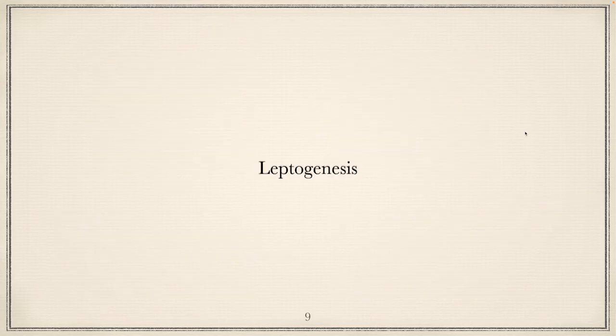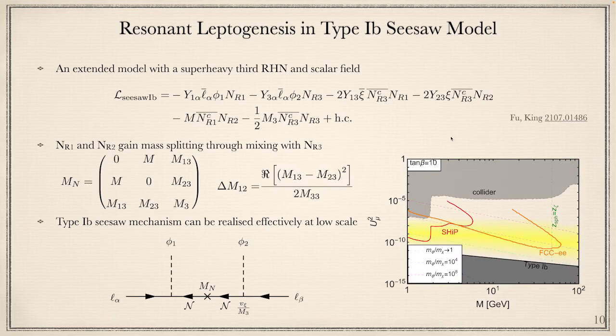Then let's see how leptogenesis can be realized in the type 1b Seesaw framework. In order to realize leptogenesis, we consider an extended model of the type 1 Seesaw mechanism with a super heavy third right-hand neutrino and a scalar field like this.